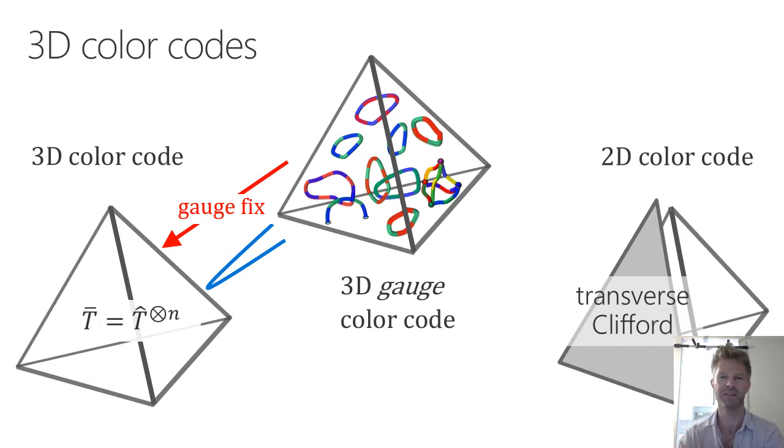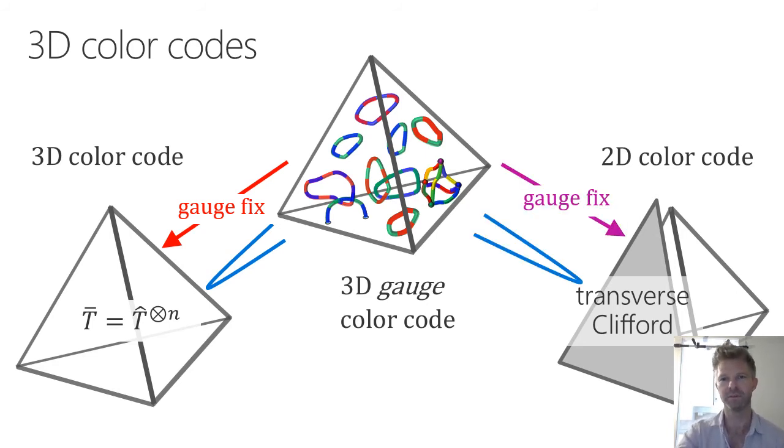One is precisely the 2D color code along the boundary, around the facet of this tetrahedron, and the other is some stabilizer state of the bulk. And so that process can be implemented by gauge fixing.